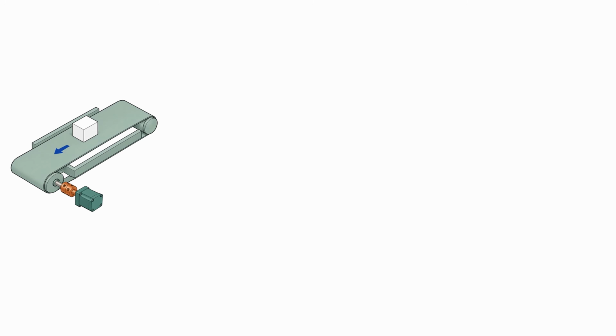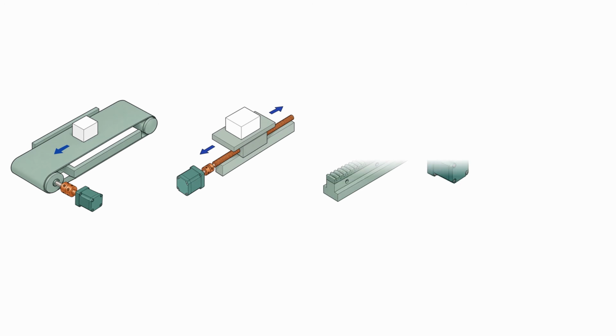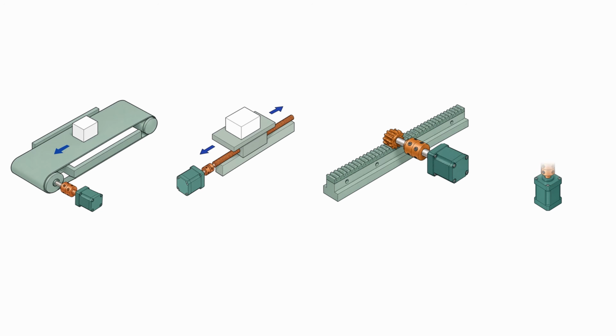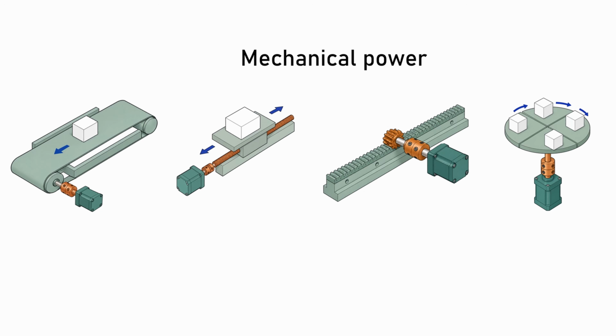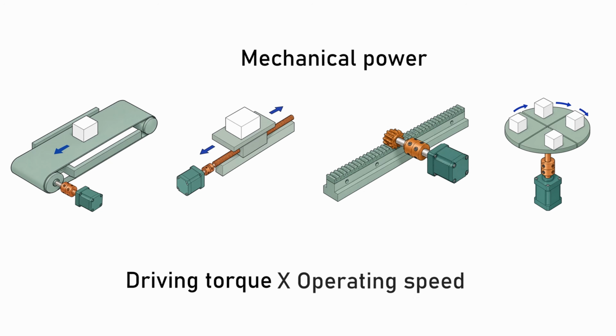Whereas in mechanical systems like conveyors, ball screw linear actuator, rack and pinion mechanism or rotary table, to estimate the required mechanical power, we need to calculate the required driving torque and operating speed of this mechanism. And then we can size the motor with appropriate factor of safety.